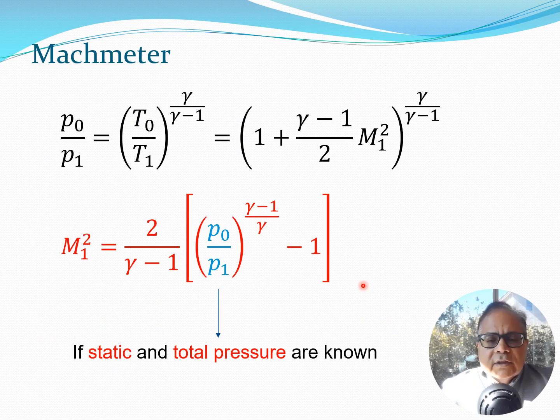Now with these equations, we try to define the principle behind a device known as the Mach meter. Essentially, recall this equation which we obtained before, the P0 by P1 ratio expressed as 1 plus gamma minus 1 by 2 M1 square, whole thing to the power gamma by gamma minus 1. Now what I do here is extract M1 out and write that as an equation.